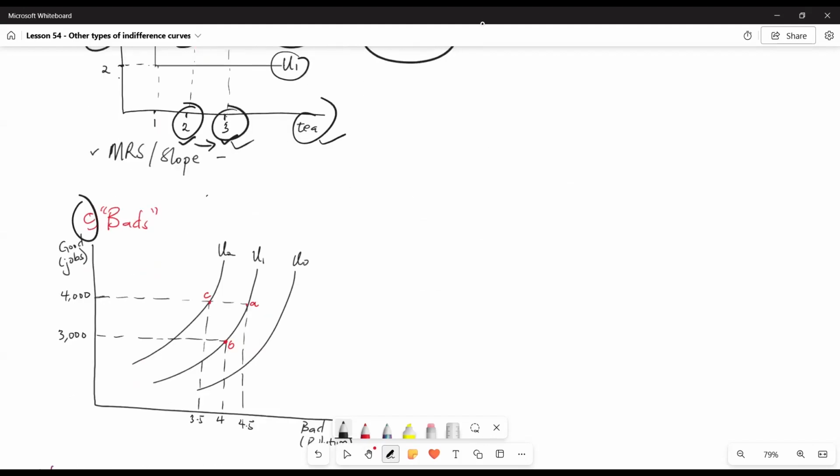So our examples so far have concerned commodities that are referred to as economic goods. A good in this case is one where consuming more of it makes an individual better off. This is typical with regards to the non-satiation assumption. More of it is always better, so this makes it a good commodity.